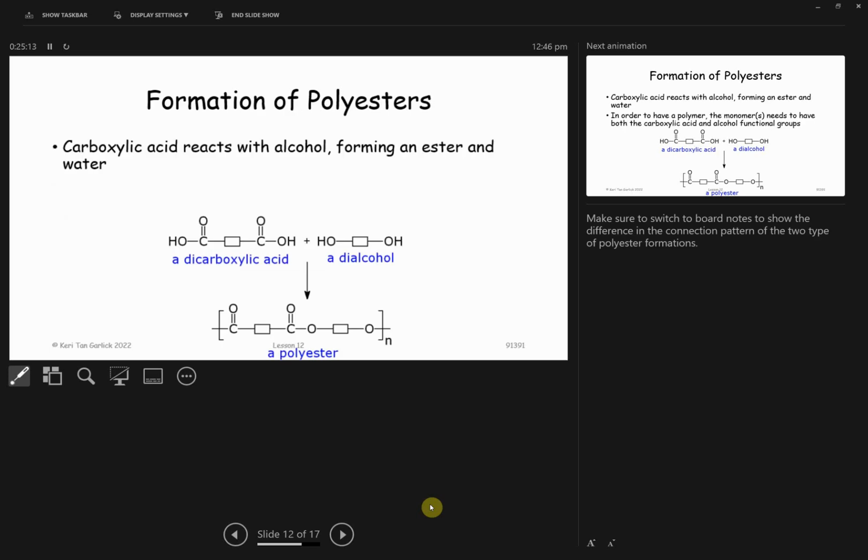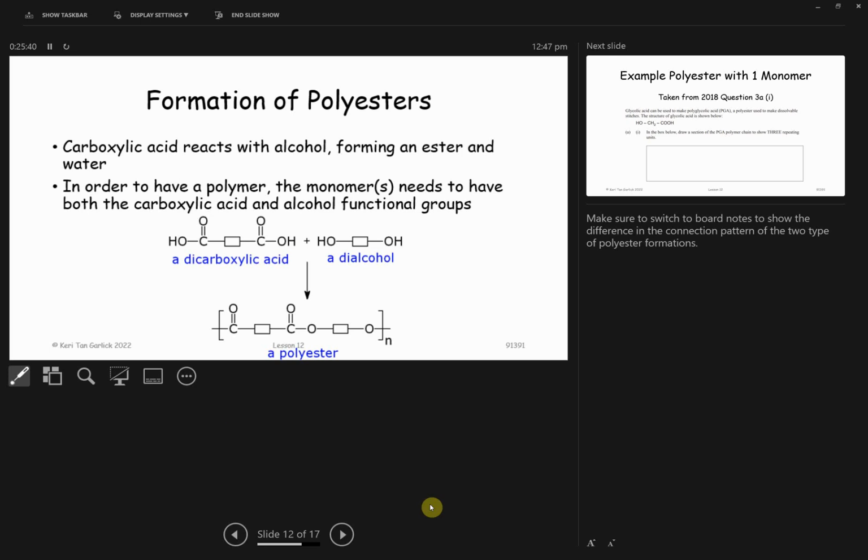All right, so when we are forming polyesters as our first example, we are taking that carboxylic acid. You could also take an acid chloride, that would work as well, and you're mixing it with the alcohol and you're forming an ester. The difference with the ester in this case is that that's going to be repeated multiple times. So basically the link to them is going to be that ester component.